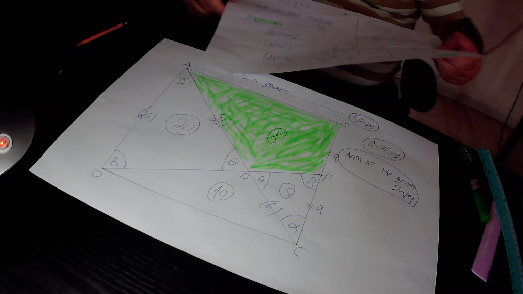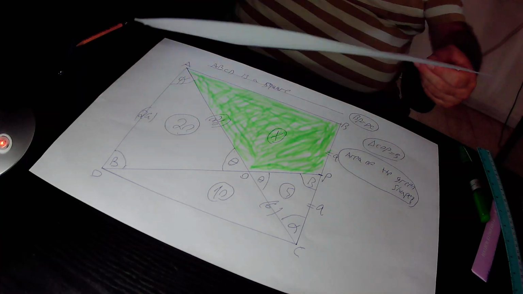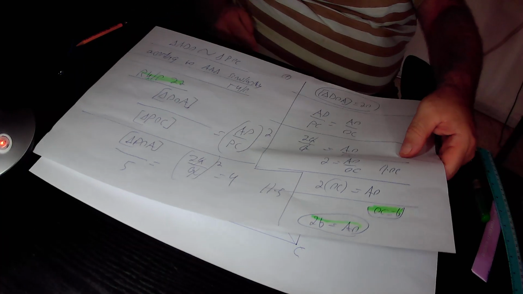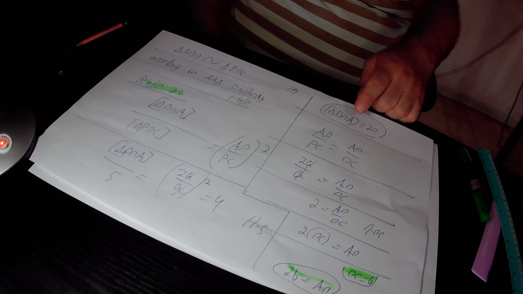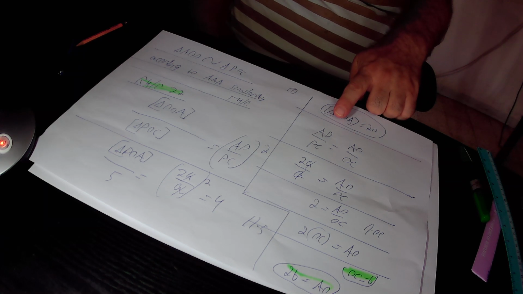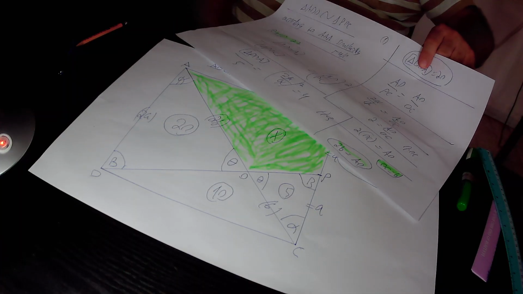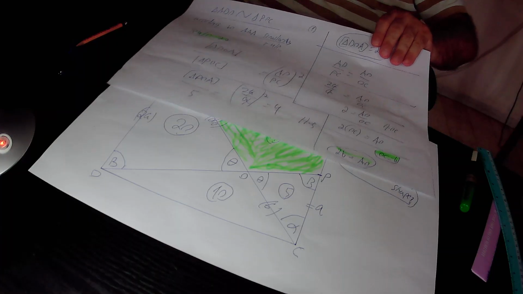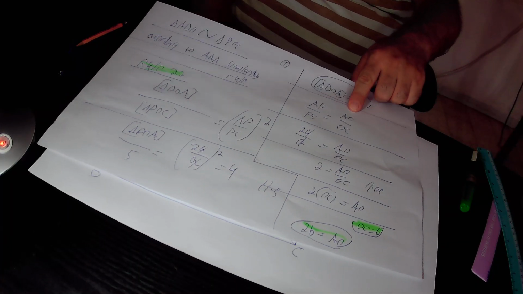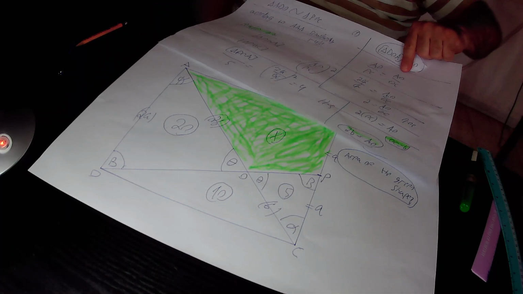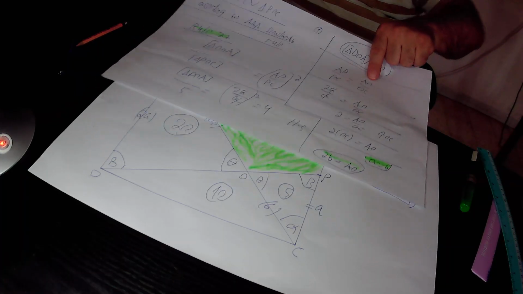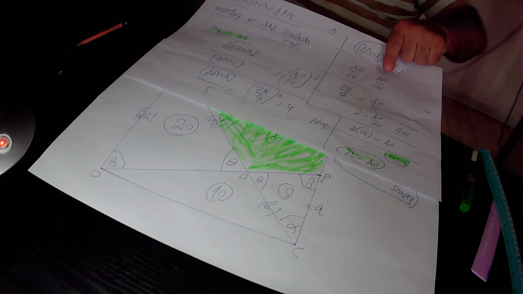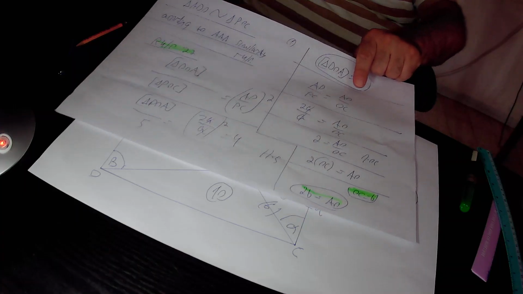Again, because those two triangles are similar to each other, the following relationship exists between their sides. Side AD of the big right triangle AOD over side PC of the small right triangle POC equals side AO of the big right triangle AOD over side OC of the small right triangle OCP.